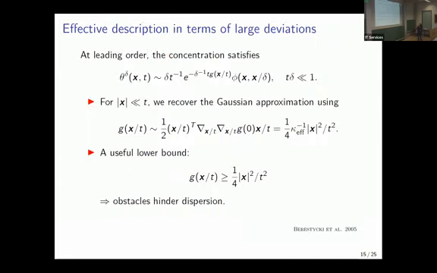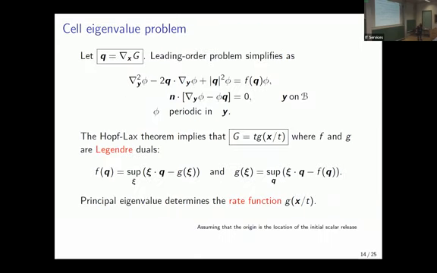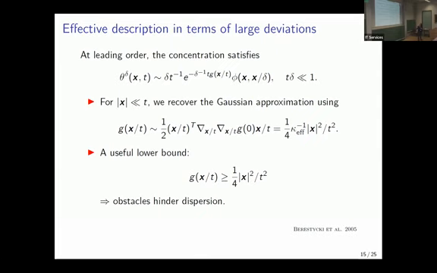There is a useful bound that was obtained by Berestycki et al. in 2005, which is very simple actually. You just multiply the equation by phi over here, and then you do integration by parts using the periodic boundary conditions and the boundary conditions on the obstacles to obtain that G is bounded below by 1/4 x squared over t squared.